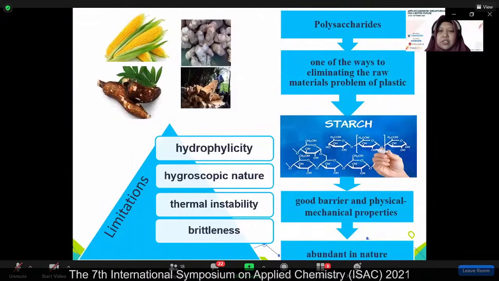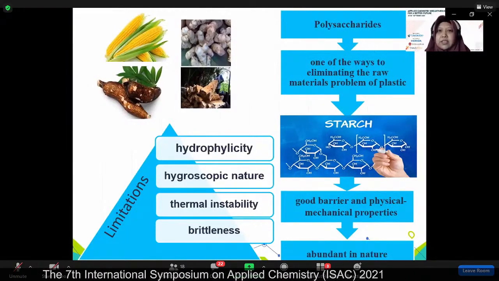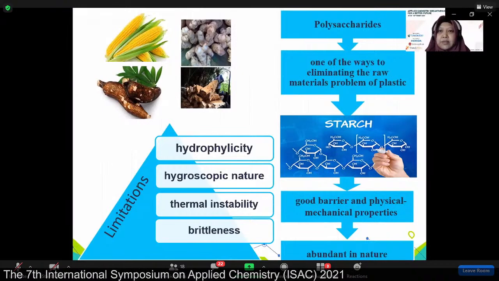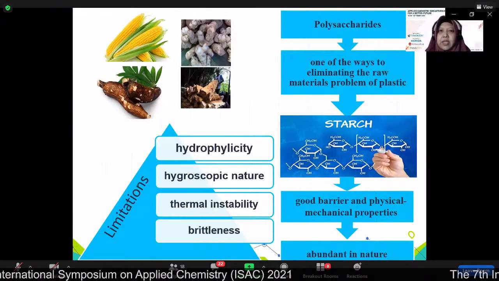Starch is one of the polysaccharides with potential as a polymer material to eliminate the raw material problem of plastic. Starch is one of the candidates for biodegradable film because it has good barrier and physical mechanical properties and is abundant in nature.